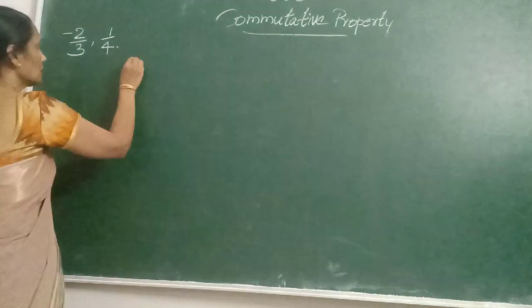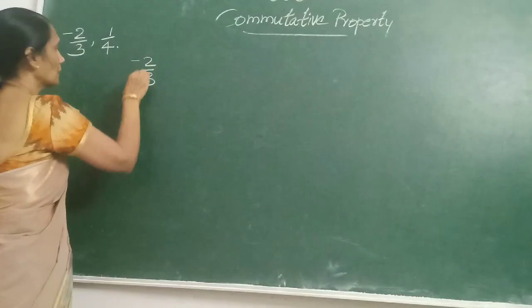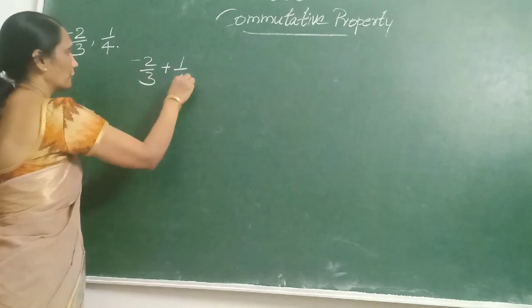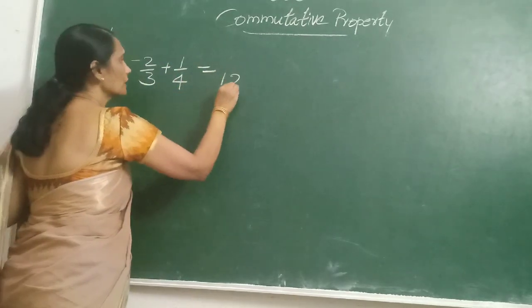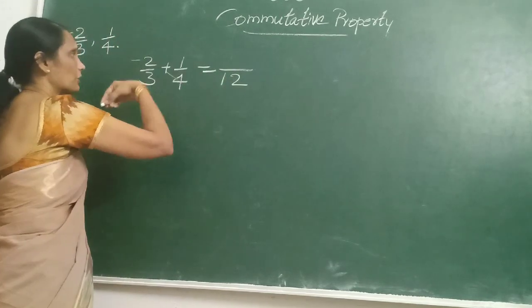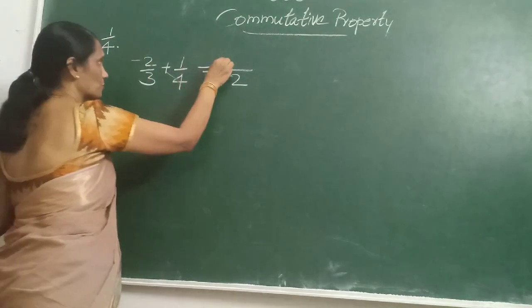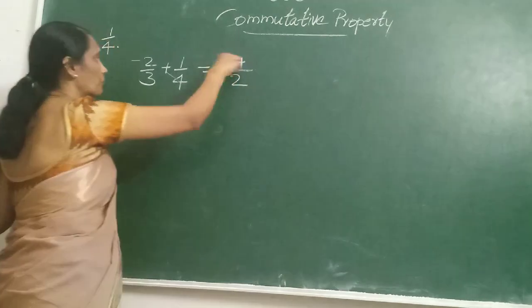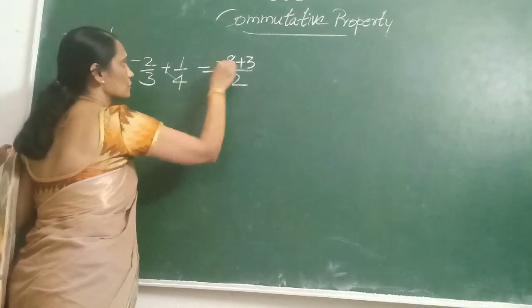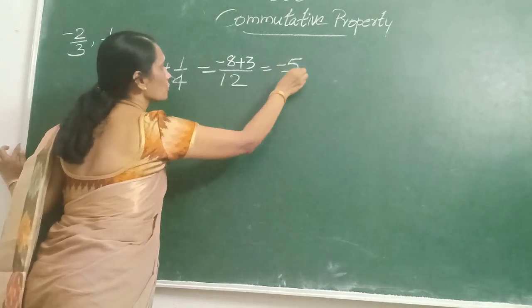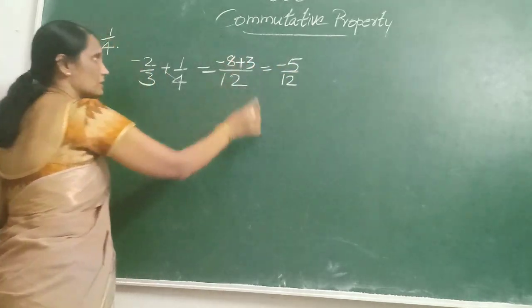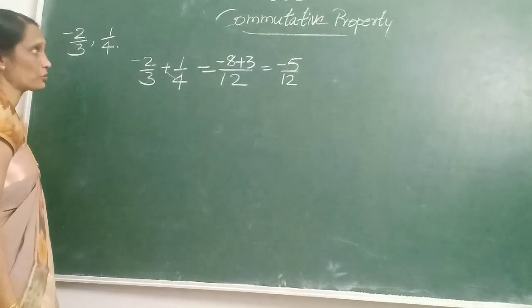Minus 2 by 3 plus 1 by 4. Let us see what is the answer. 3 fours are 12. Cross multiplication, 4 into minus 2 is minus 8, plus 3 into 1. So we get the answer as minus 8 plus 3, which is minus 5 by 12.